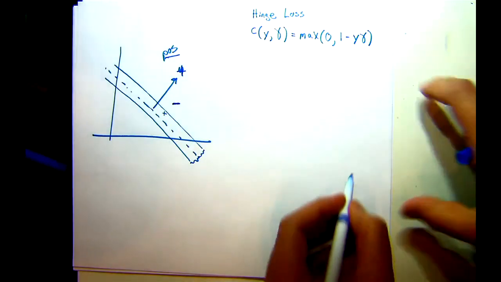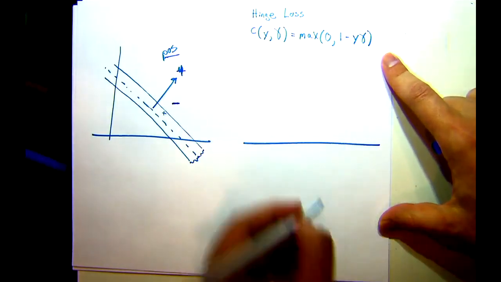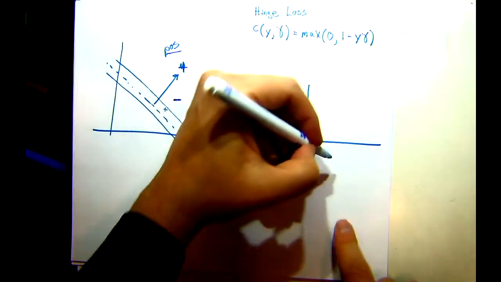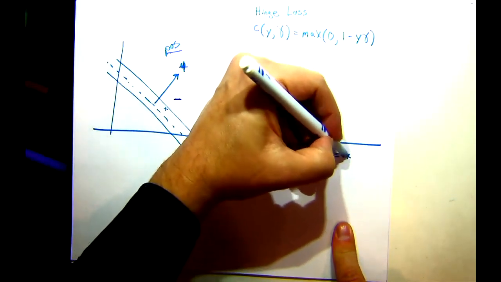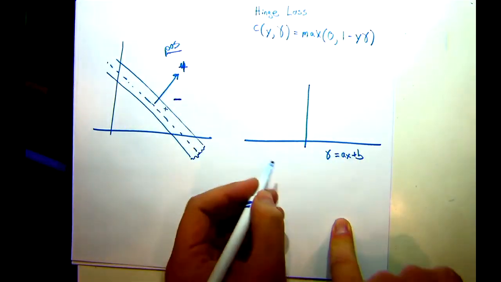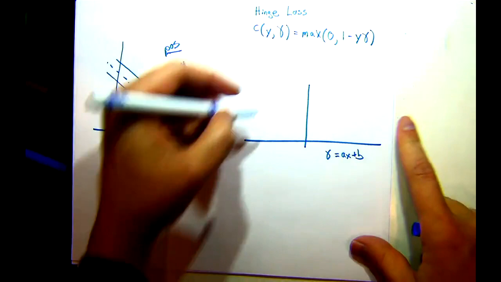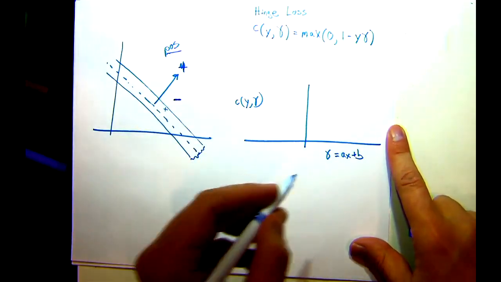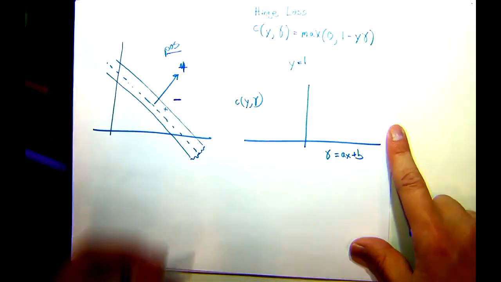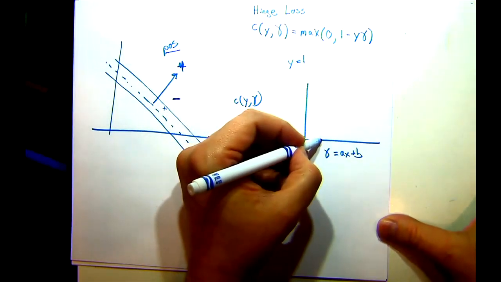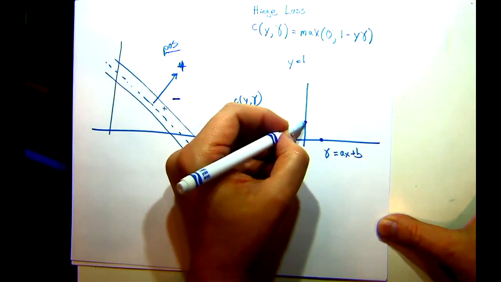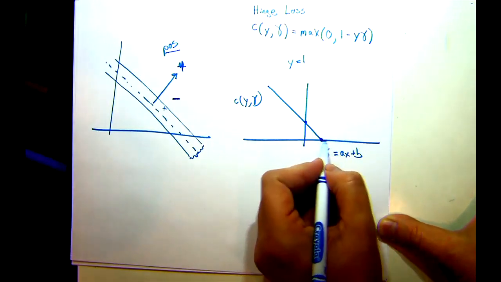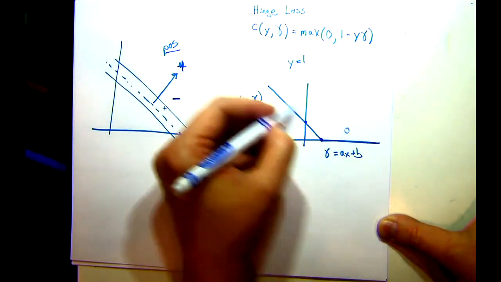So let's look at what this looks like. If this is gamma equal to ax plus b along this axis, and we have some cost of y times gamma along this axis, if y is equal to 1, we get a line that looks something like this, where it crosses here, comes up there, and the cost is 0 over here, and it's non-zero over here.